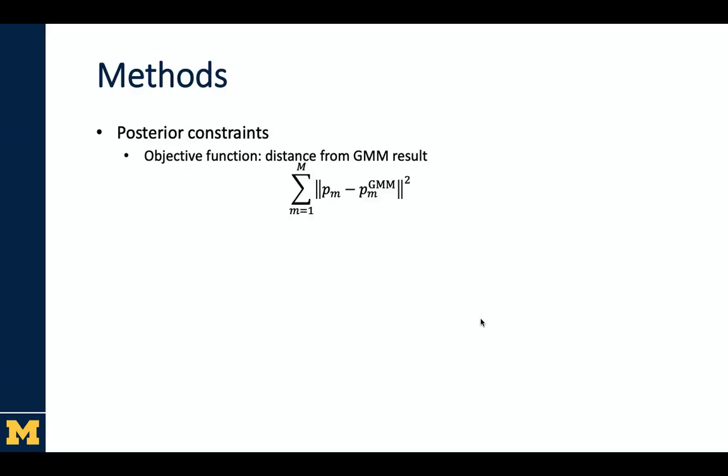After GMM, we added posterior constraints. We formulated it as an optimization problem. The objective function is the distance from GMM results, and the optimization is subject to the following constraints. The first is the length correspondences introduced in CDCPD.